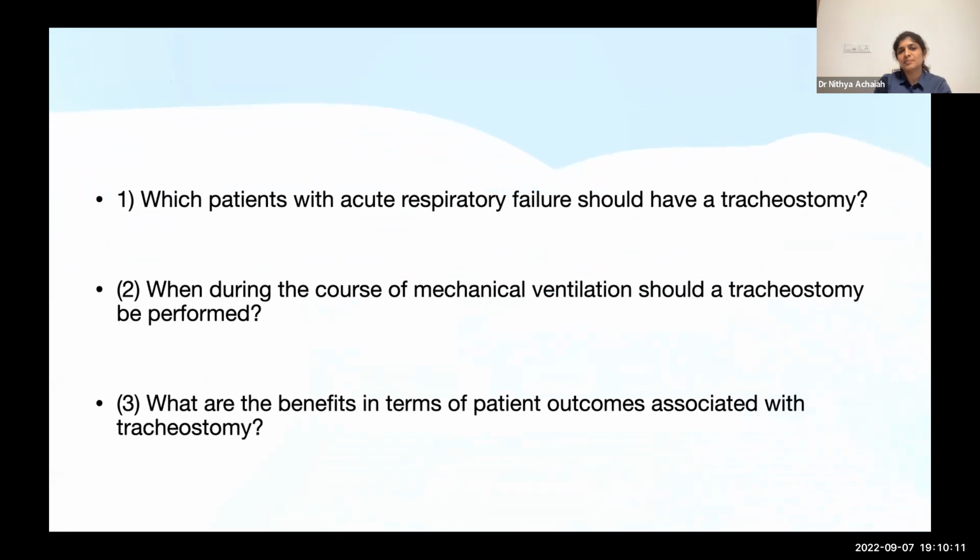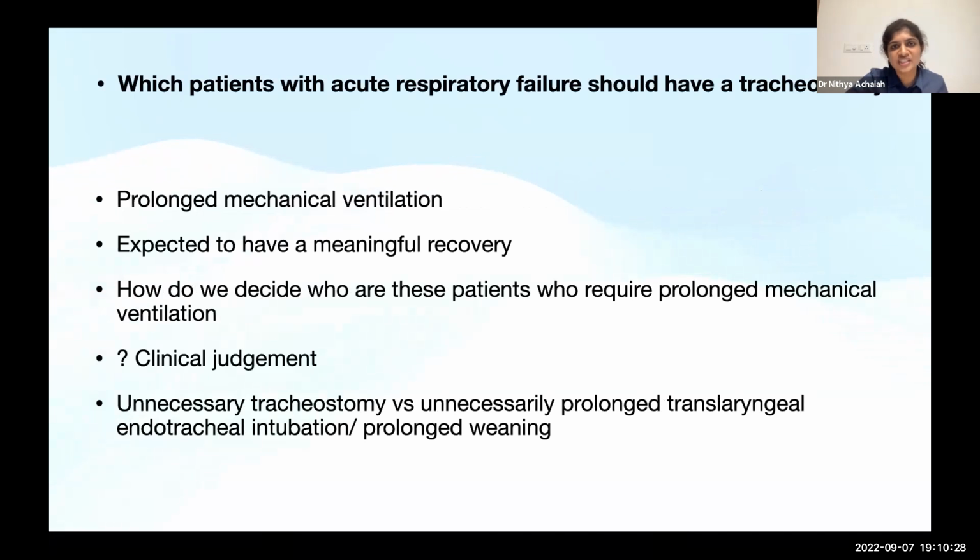Coming to respiratory failure, there are certain questions which need to be answered: which patients in respiratory failure need tracheostomy, when should this tracheostomy be performed in these patients, and what are the benefits of the tracheostomy. Answering the first question, which patient should require tracheostomy? Any patient with respiratory failure who requires prolonged mechanical ventilation should have a tracheostomy.